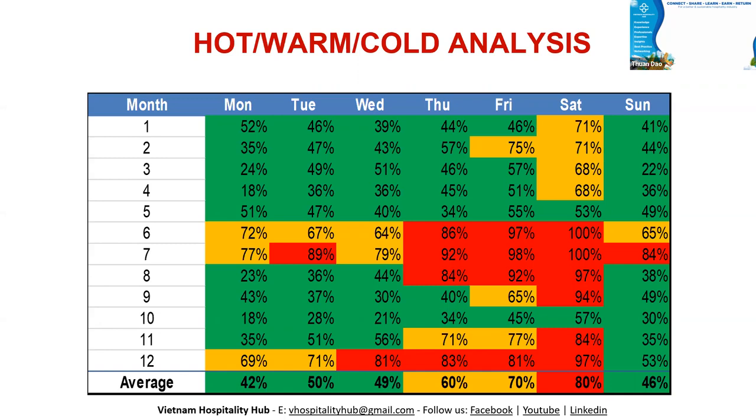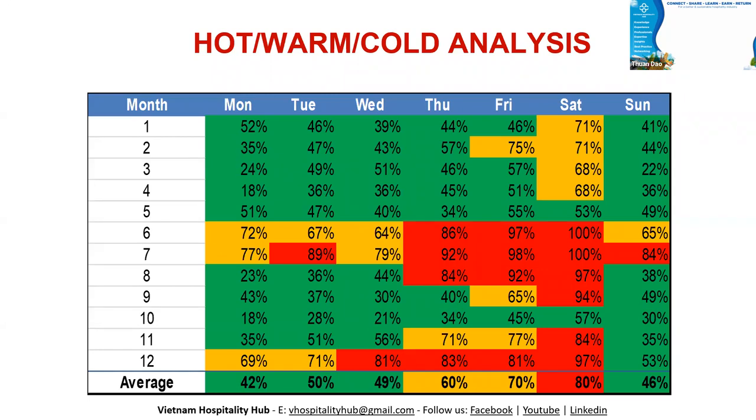And for those green periods, you need to make a promotion or put the rate lower to encourage and improve the occupancy. Very simple, right? The principle is very simple, but you need to do the analysis to understand it.